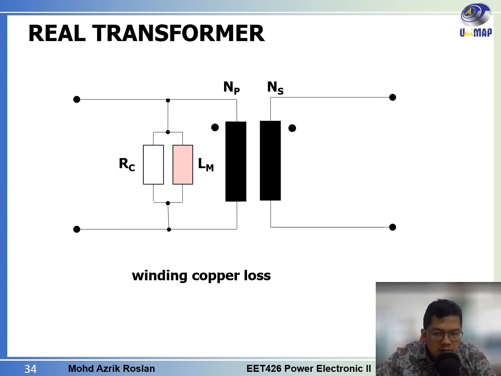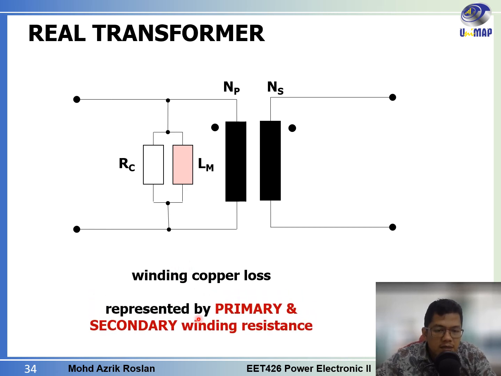Another loss that we can have inside the real transformer is the winding copper losses. As you know, when we wind the core at the primary or at the secondary side, we have to wind using copper wire. The copper itself can introduce I squared R losses. This will be represented by the primary and secondary winding resistance.